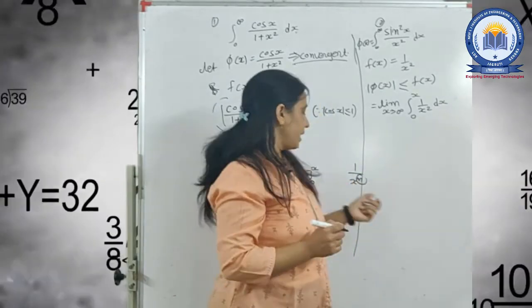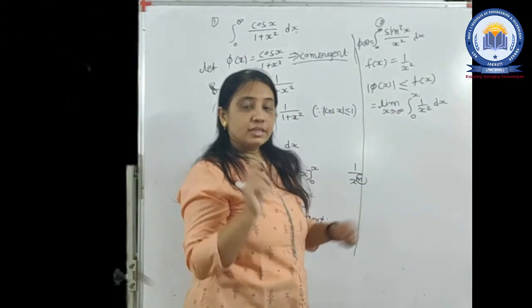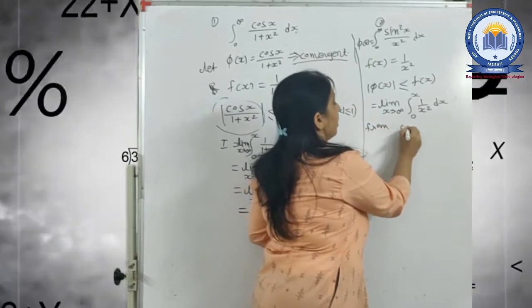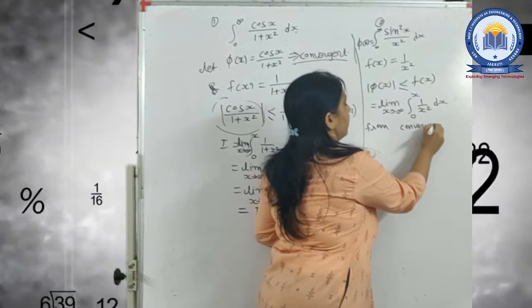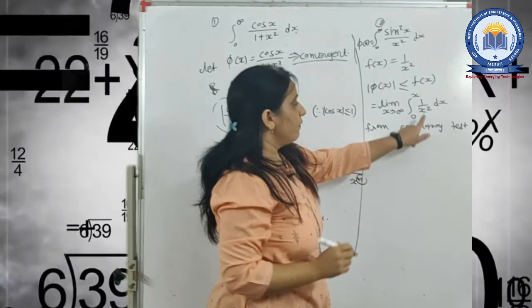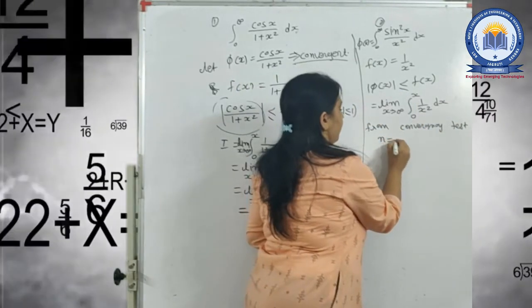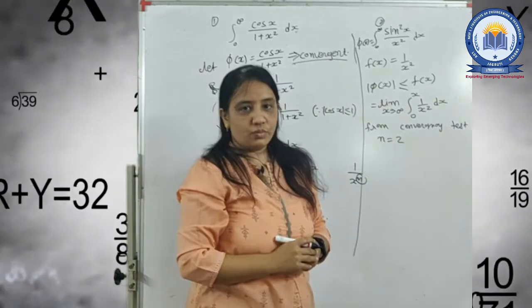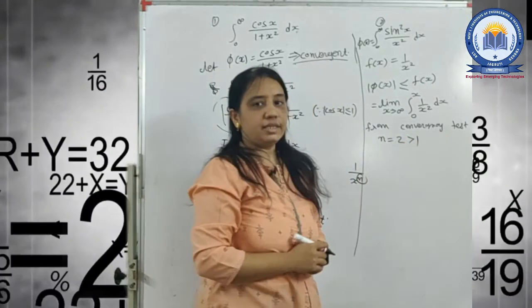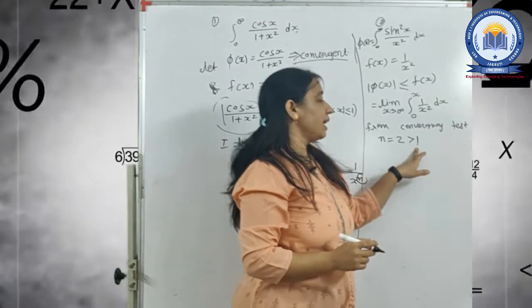So it is like x raised to n. From the convergency test, here n equal to 2 and that is greater than 1.